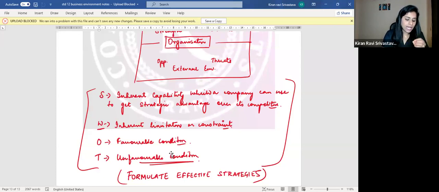SWOT analysis is a systematic and logical approach. It is not guesswork. There are analysts in a company who are constantly researching such things. There are market researchers and research agencies working on that. So it is a systematic and logical approach to understand the environment of any business organization.